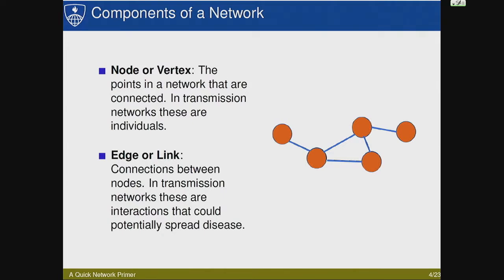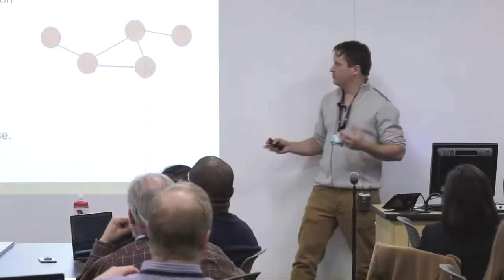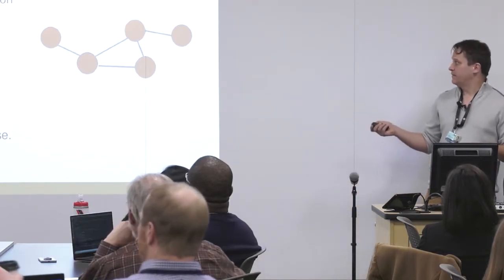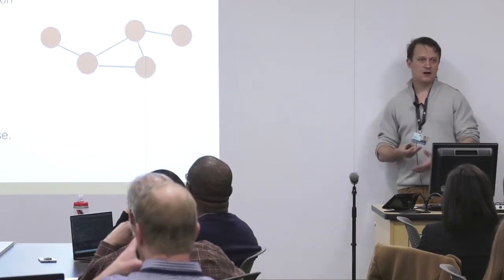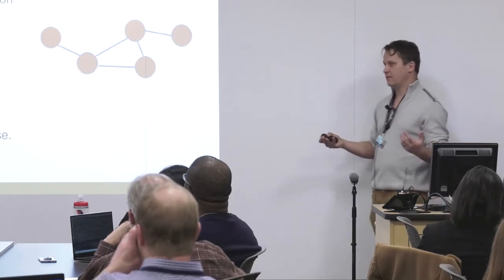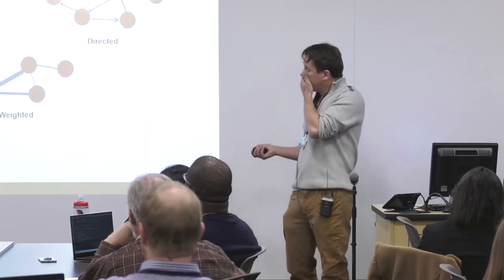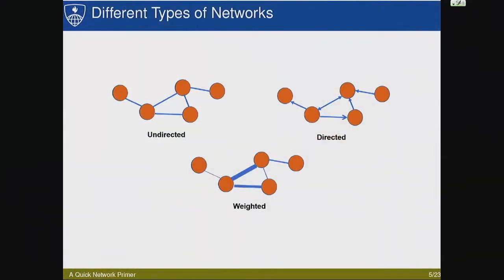But you can generalize this; it's not just individuals. Nodes could also represent communities, with the links representing the potential flow of disease between communities, how well they're connected. Networks can be undirected, which is generally how we think about sexual networks, since the disease can flow one way or the other.